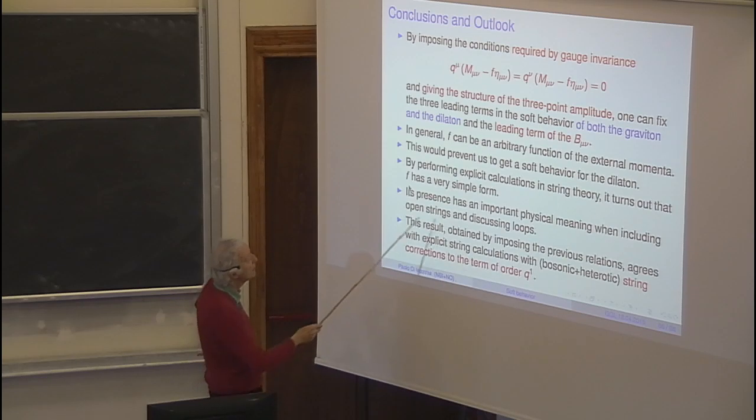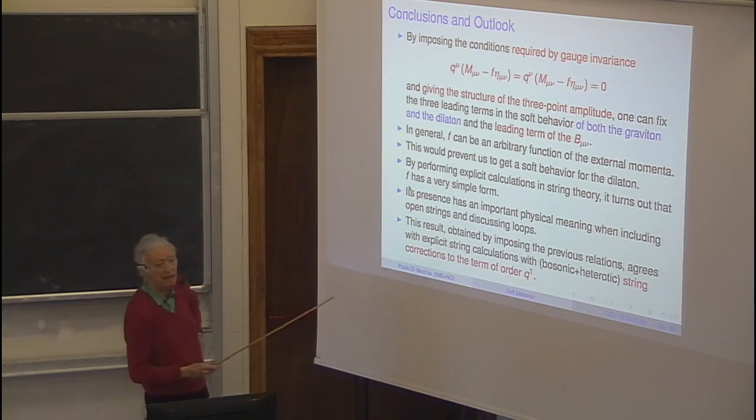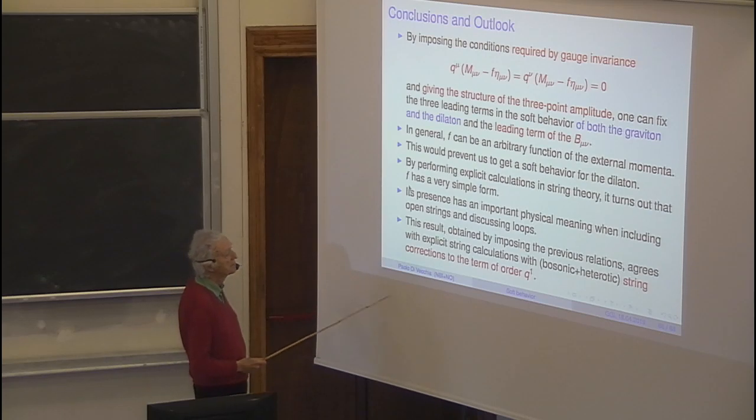But looking at string theory, you can see that f has a very simple form, and most of the time it's 0, but is non-zero in a specific case, and in this specific case, you can find a physical explanation.